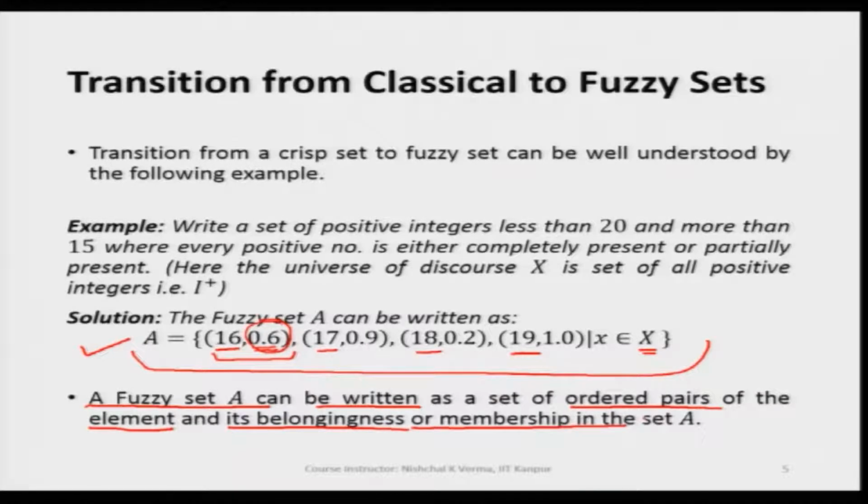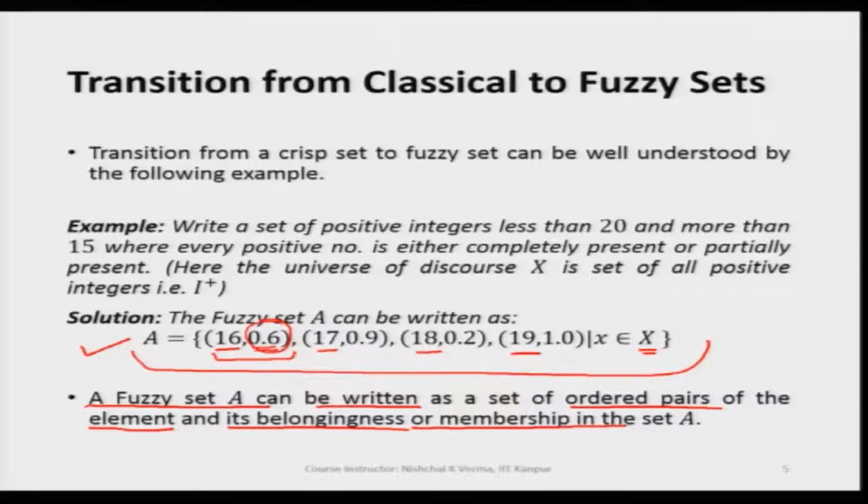So, this way a fuzzy set can be written, and this is a transition from the classical set. In classical set we saw that 16 was 100%, 17 was 100%, 18 was 100%, 19 was 100%. So, that is why there was no need to include any membership value along with these elements.